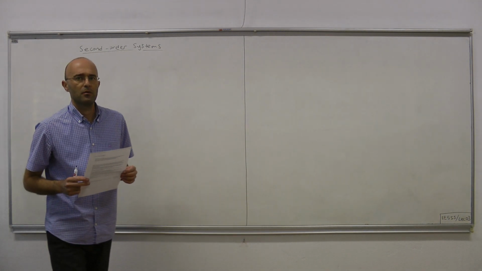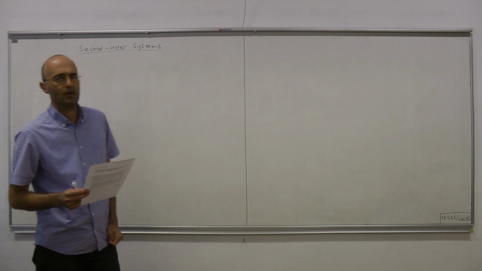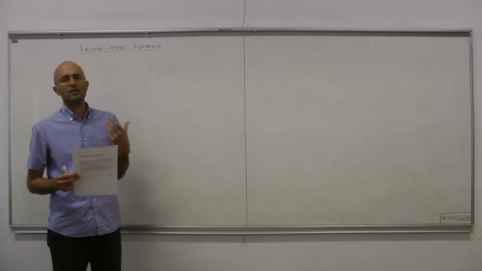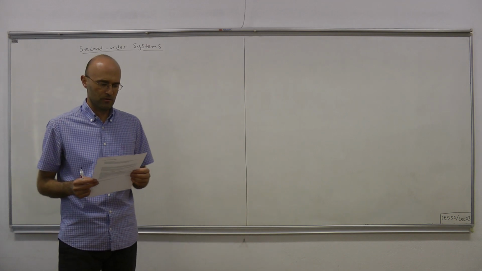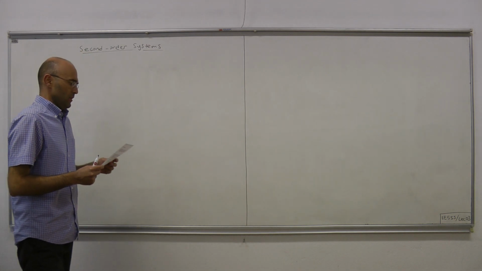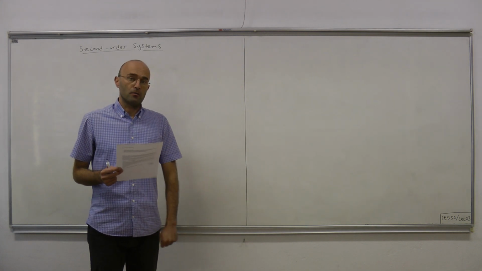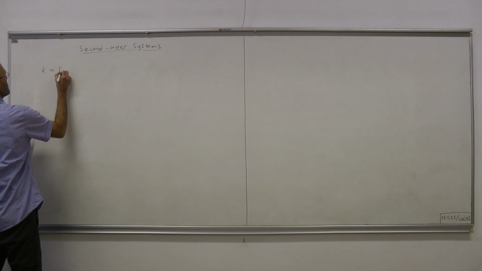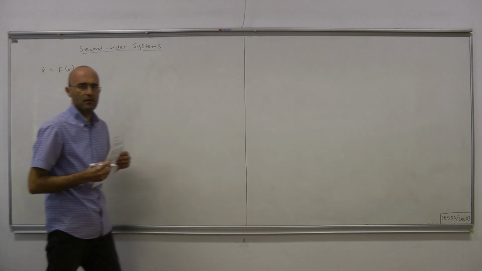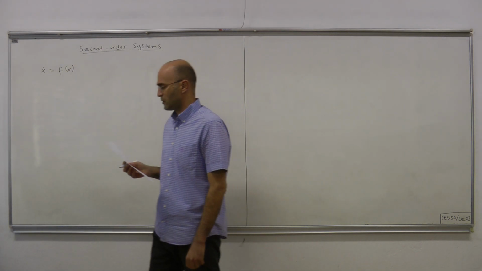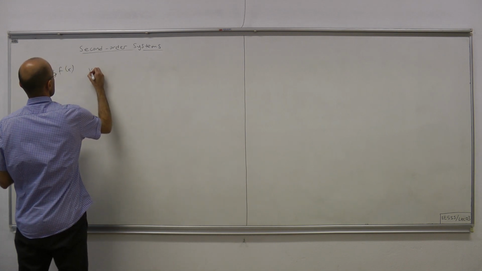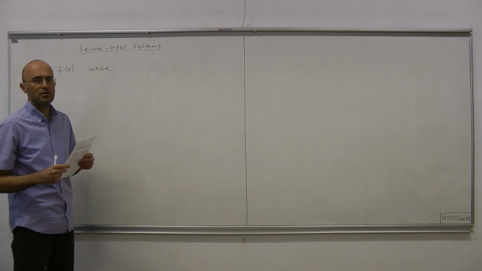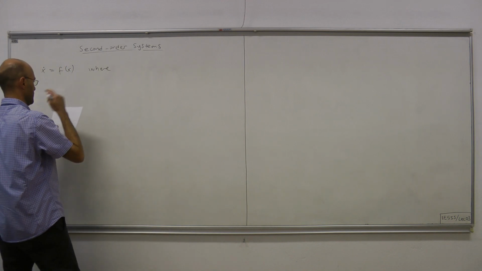In this lecture, we'll be talking about a particular class of non-linear systems, namely second-order systems. To be precise, second-order autonomous systems. According to our notation, we'll be talking about the general case x dot equals f of x, where the state vector is of dimension 2, or of size 2.